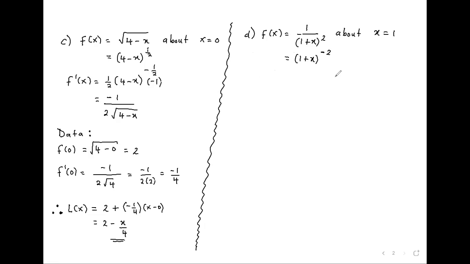Then we differentiate it. So f prime is -2 times (1 plus x) to the power -3 times 1, which is -2 over (1 plus x) to the power 3. Then we substitute.